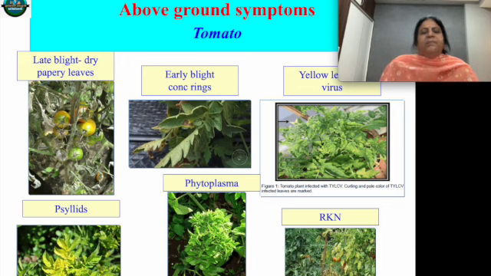You can see in tomato there are so many reasons. Late blight, early blight, virus, psyllids, phytoplasma, root knot nematode. These are all the above ground symptoms expressed in tomato.